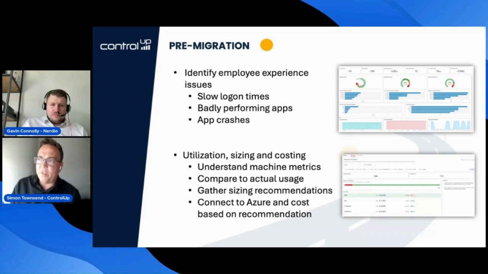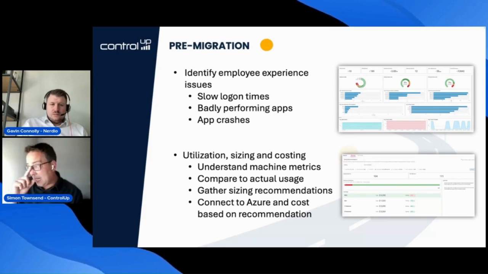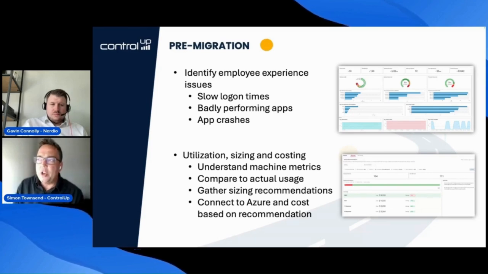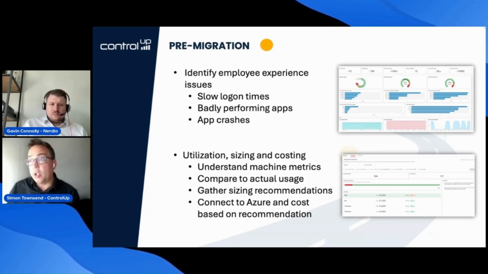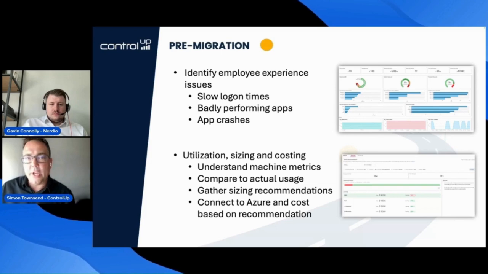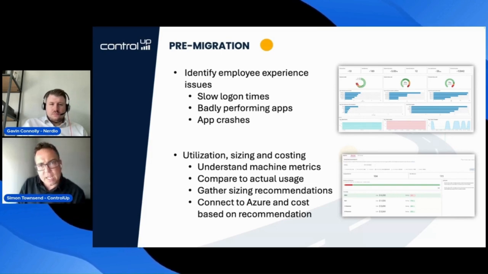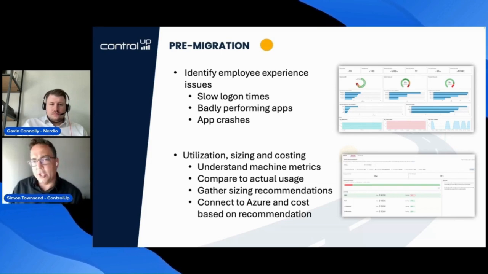As part of this phase, though, it's also important to identify any unknown issues that you may have in that environment. You could be having application crashes that you don't know about. You could have remote users on unmanaged devices, or users coming in from locations with poor Wi-Fi signal and networking connections.